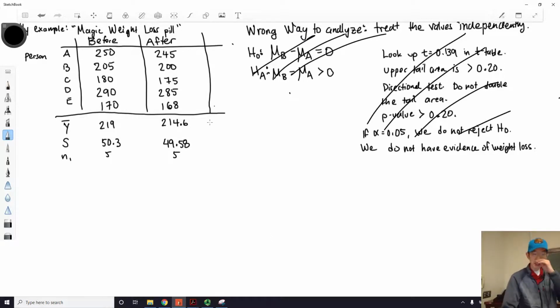All right, so what we want to do, can I even erase this? All right, so I want to treat them as actual paired data, okay? So we're going to calculate a difference column.